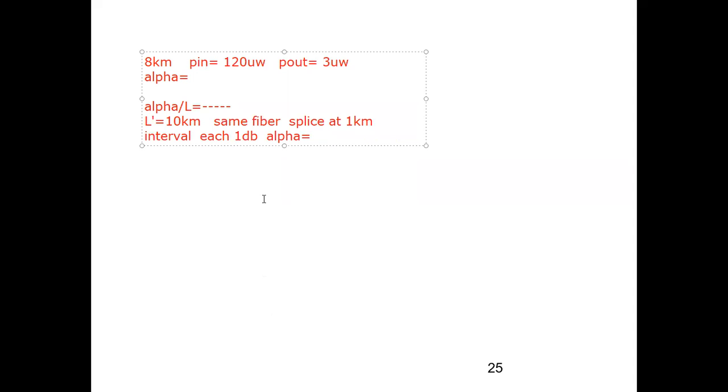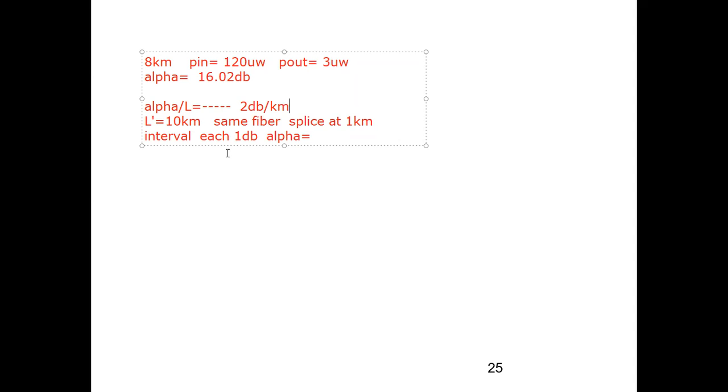So this alpha comes out to be 16.02 dB. Then this alpha by L is almost 2 dB per kilometer.